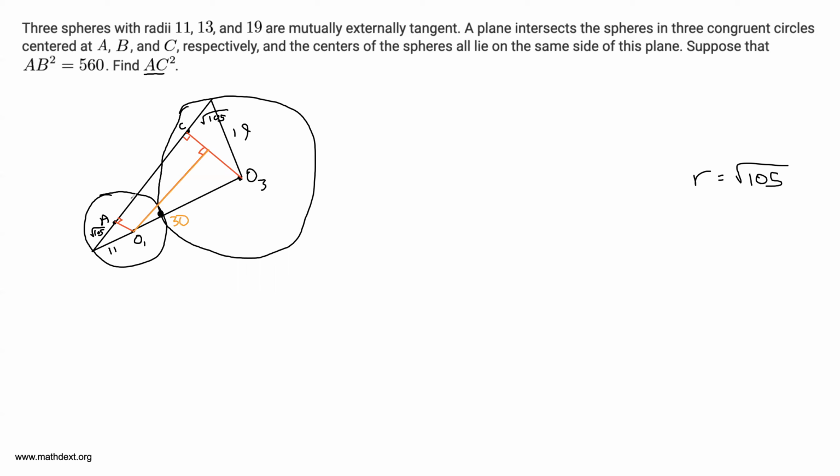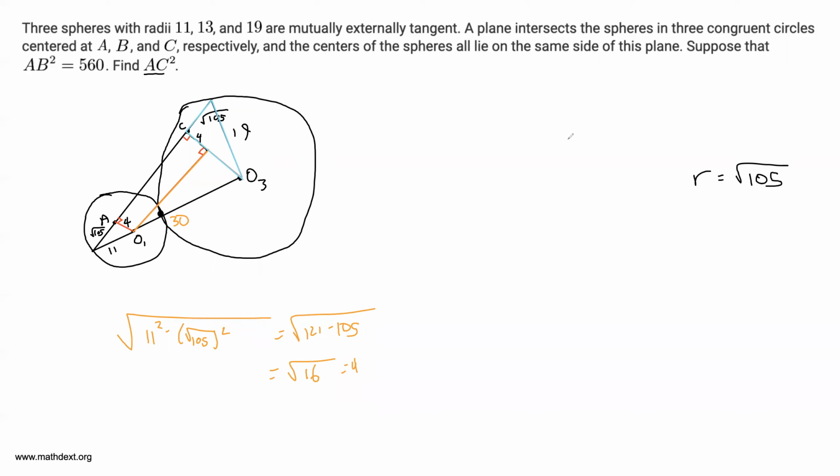So what do we do? First of all, we can find AO1, which is by Pythagorean theorem, the square root of 11 squared minus root 105 squared, which is equal to root 121 minus 105, which is equal to root 16, which is equal to 4. So this length has length 4. So this length over here also has length 4 because, once again, O1, A, C, and this fourth point form a rectangle. And furthermore, you can also find CO3 by looking at this right triangle.